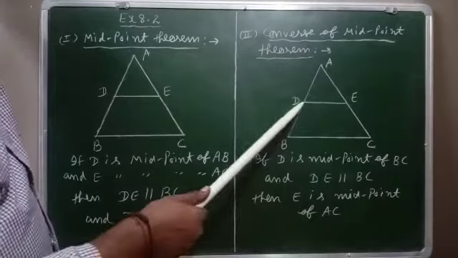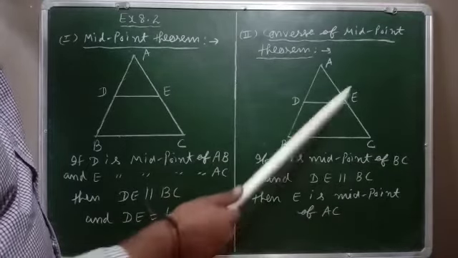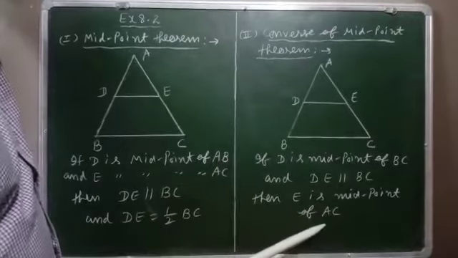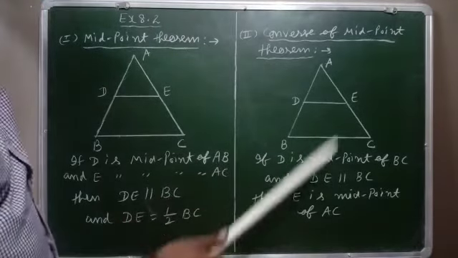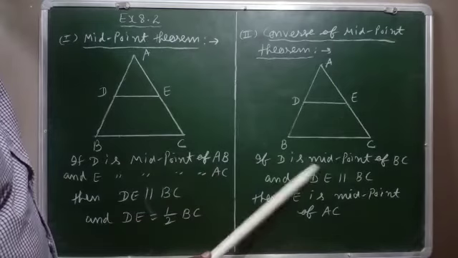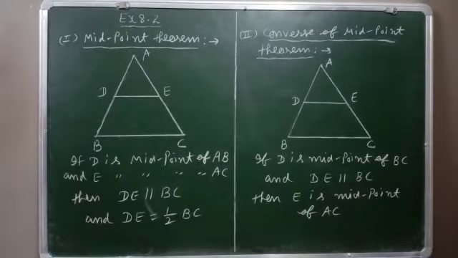Mathematically we can say if D is the midpoint of AB and DE parallel to BC, then E is the midpoint of AC. So for the midpoint theorem we require two midpoints. For the converse of the midpoint theorem we require one midpoint and one pair of parallel lines. So tomorrow we will discuss questions of exercise 8.2.